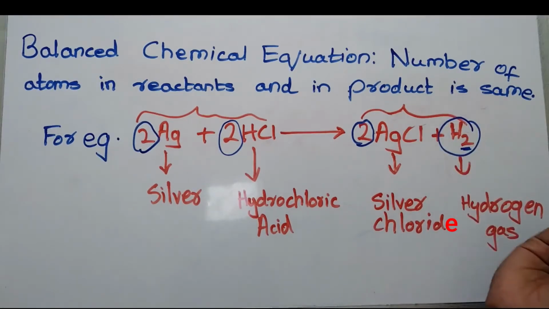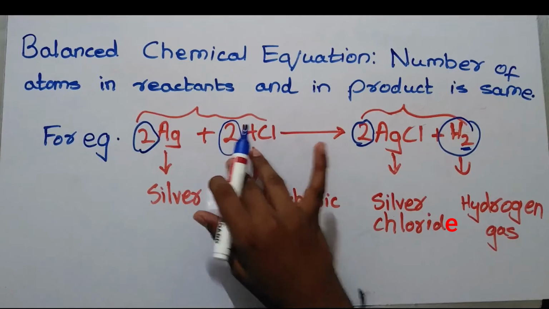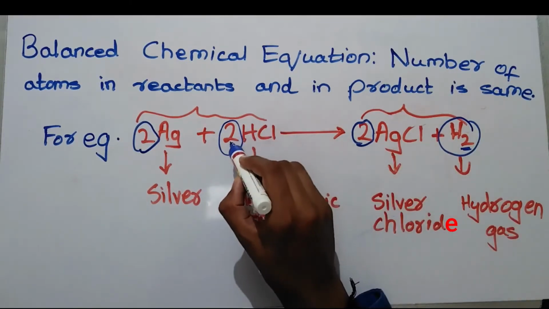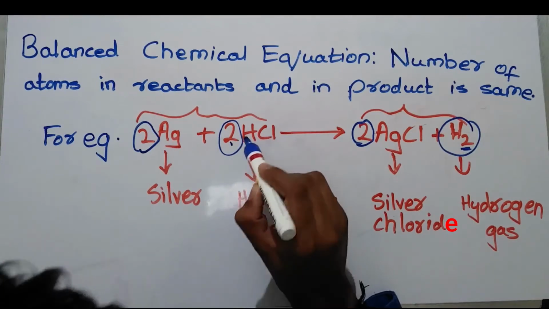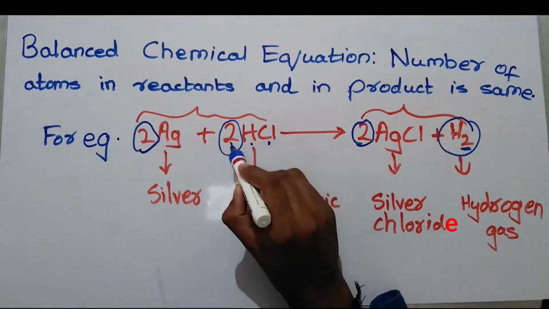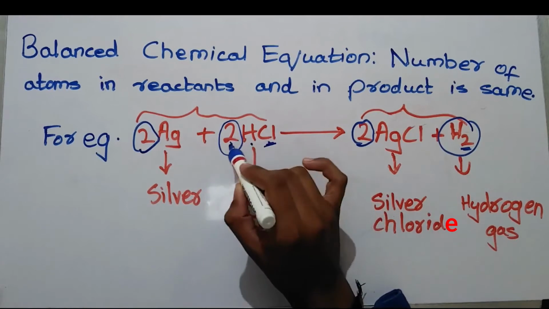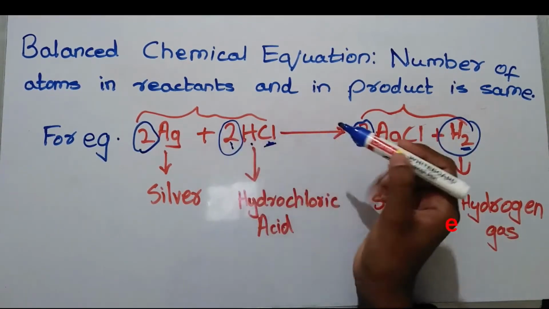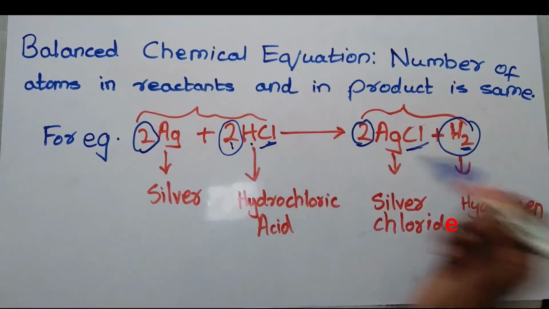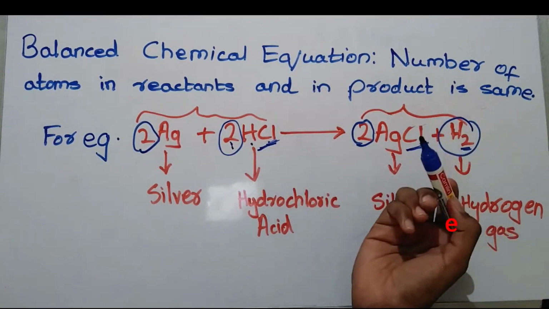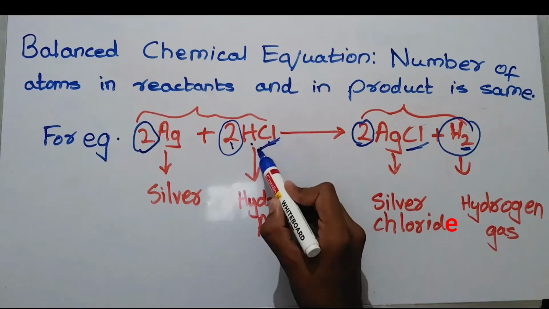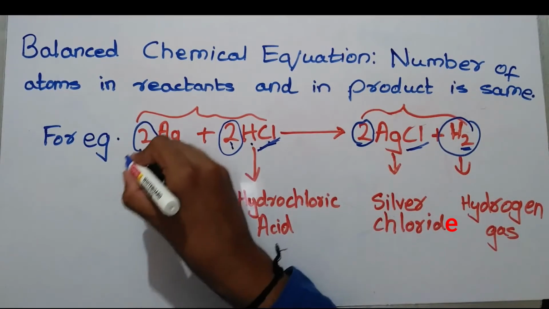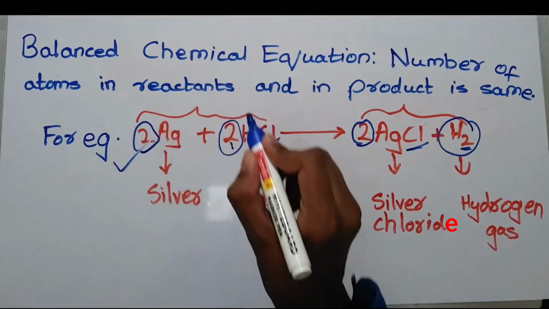So we can say that hydrogen is also balanced in this chemical equation. And if you carefully see, this 2 also applies to Cl, that is chlorine. Here chlorine is 2 and here also chlorine is 2. So chlorine is also balanced in this equation, that is, it too has the same number of atoms in both the reactant and product sides.